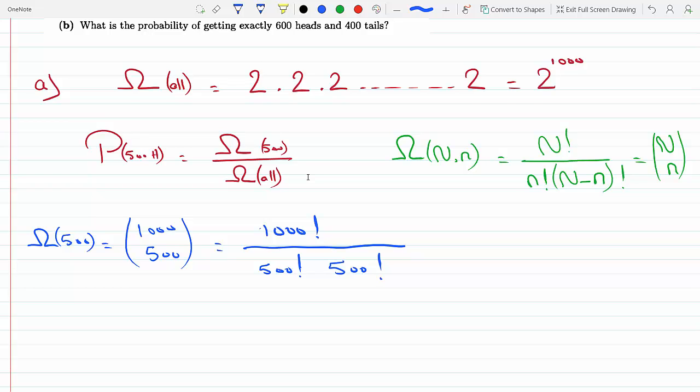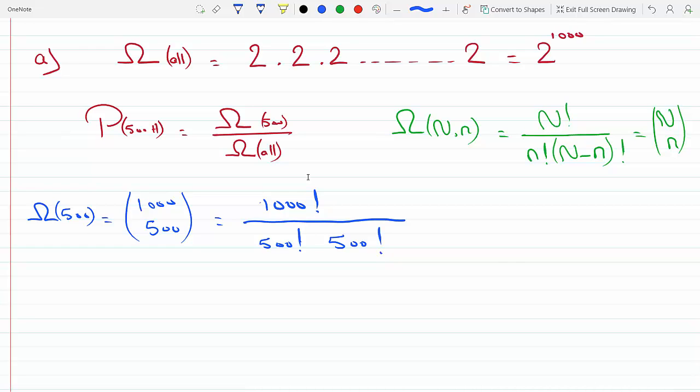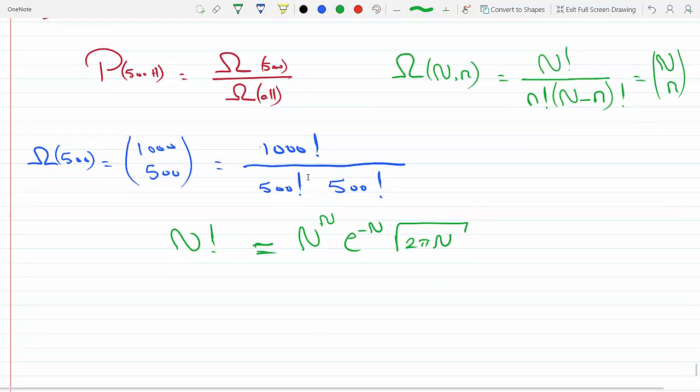That's equation 214 in your book, that says if I need to simplify any factorial, n factorial, that is approximately n to the n, e to the minus n, square root of 2 pi n. At some point when I get around to it, I will do a video on how to actually derive that. For now, let's just use it as is.